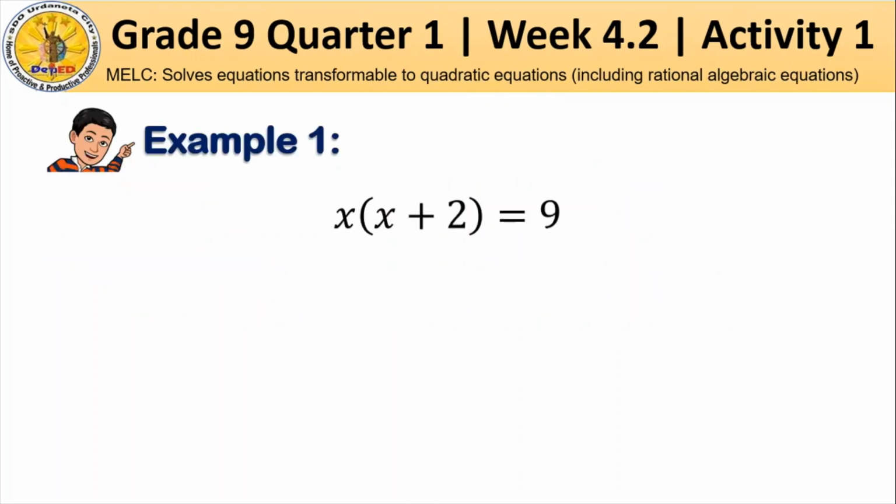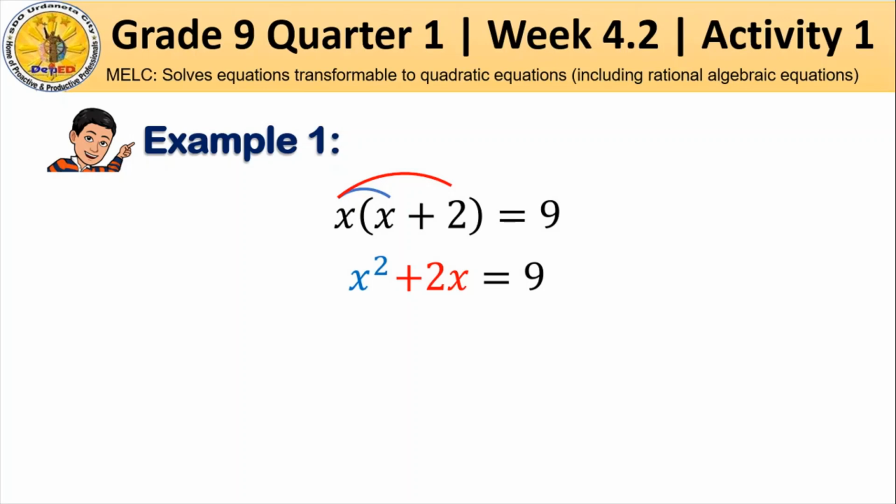We have x times the quantity x plus 2 is equal to 9. In this case, we will use the distributive property of multiplication over addition. X times x, x squared. X times 2 is 2x. That is equal to 9.